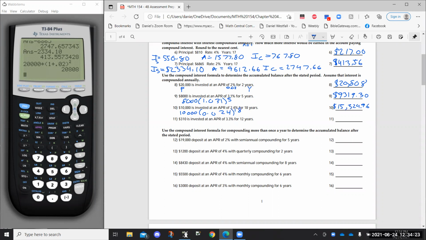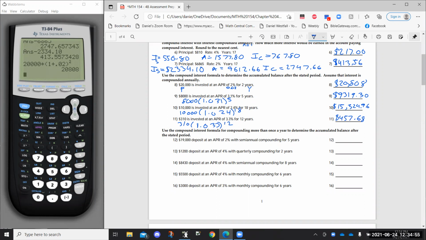And then this is going to be 310 times, sorry, this is not a 0, this is a 1. 1.033 to the 12. And this is going to be 457.68.